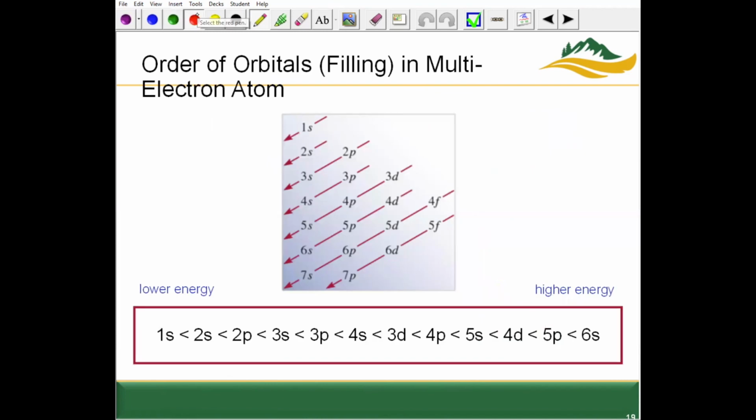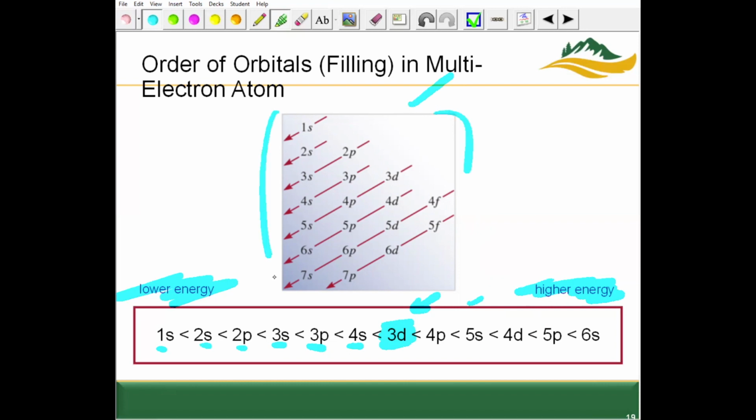I mentioned this order would be really crucial to know, so you could memorize this, write this on your note card, the lower energy up through the higher energy, with this careful exception here. 1s, 2s, 2p, 3s, 3p, 4s. This is our kind of different sort of exception here, so just watch out for this one. You may have learned to memorize this order if you drew something like this in a previous chemistry class.